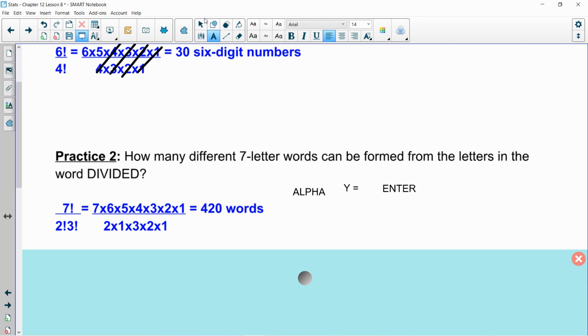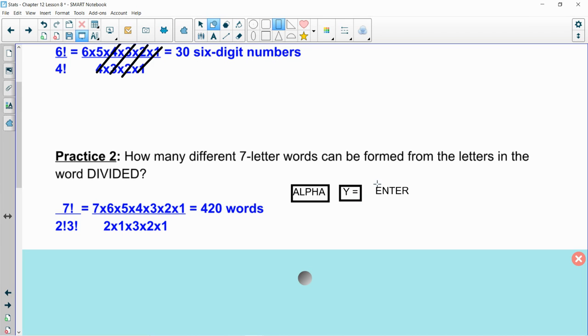So here's the thing. If you don't use these 3 buttons, the alpha, y equals, enter, the calculator is not going to be very cooperative.